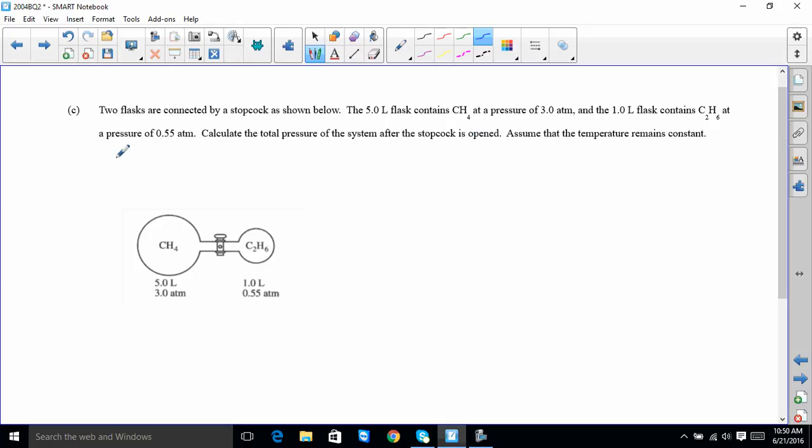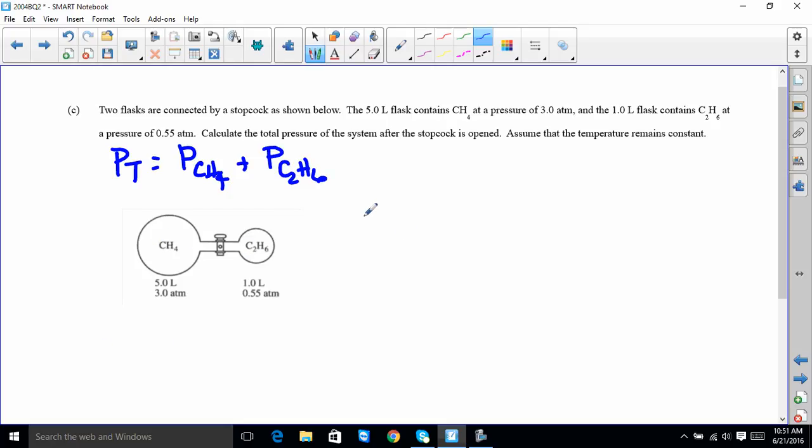The thing that's crazy here is that the total pressure is going to be equal to the sum of the individual pressures. That's what I just said, Graham's law of diffusion. It's not, Dalton's law of partial pressure says that the total pressure is equal to the sum of the individual pressures. So what you do here is you pretend that this gas isn't here, and you work it like this was just nothing, a vacuum, and then you pretend that this gas isn't here, and then you add them together.